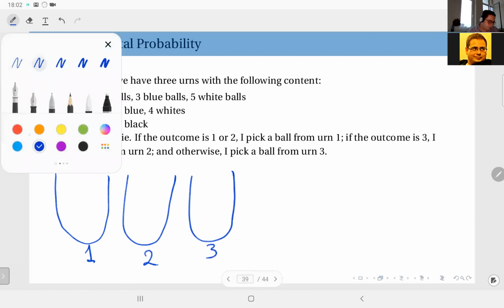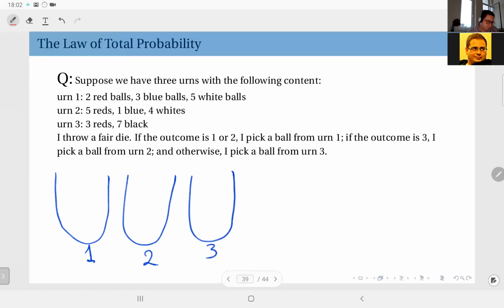So this is 2 reds in urn number 1 and 5 reds in urn number 2. And 3 in urn number 3. Then I have blues, 3 blues in urn number 1.